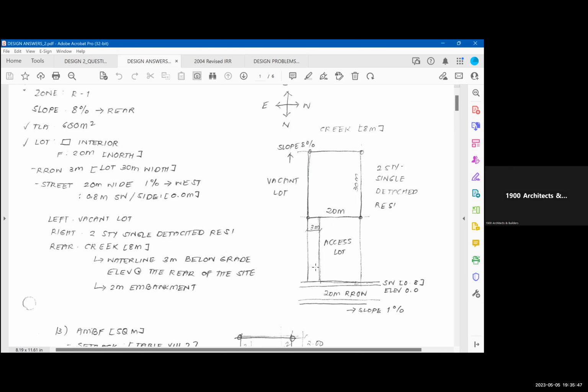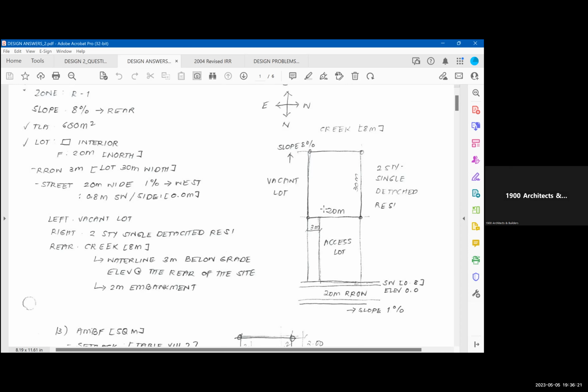Ang nearest answer dito is letter... Actually, kasi it's the nearest. Ano ba ang distance natin from the road right of way? I think 13 meters, di ba? Nakasulat, yung single lane daw is 30 meters to the access road, which is 20 meters. So, that's the nearest.